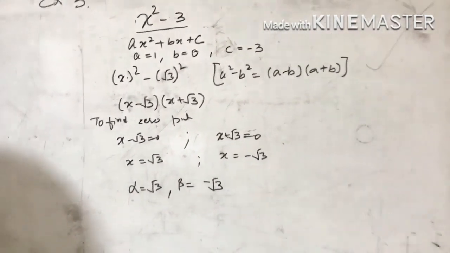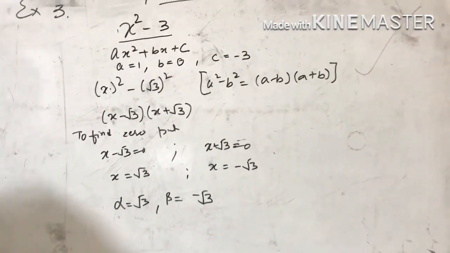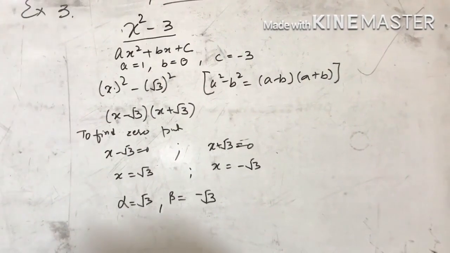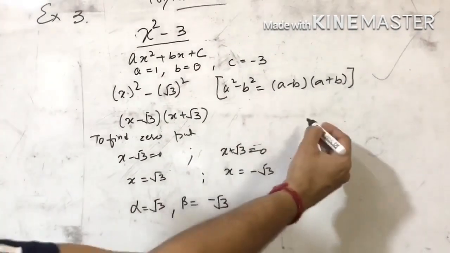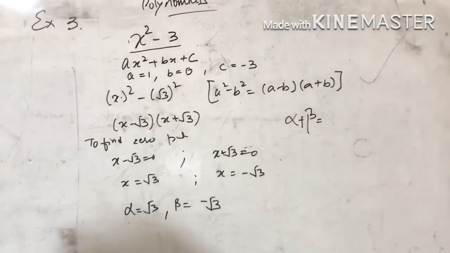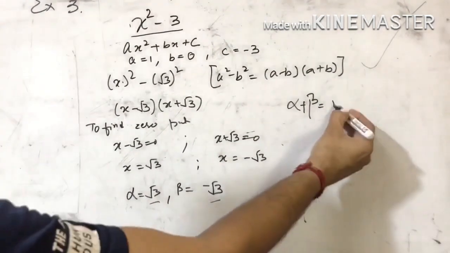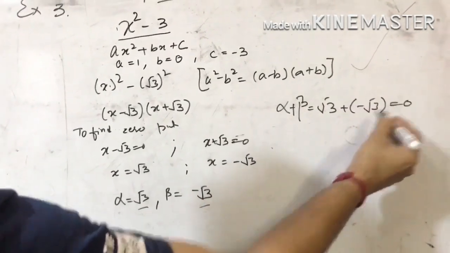After that you have to verify the relationship between the zeros and the coefficients. As you know, the sum of roots is √3 plus minus √3, what will you get? You will get 0.